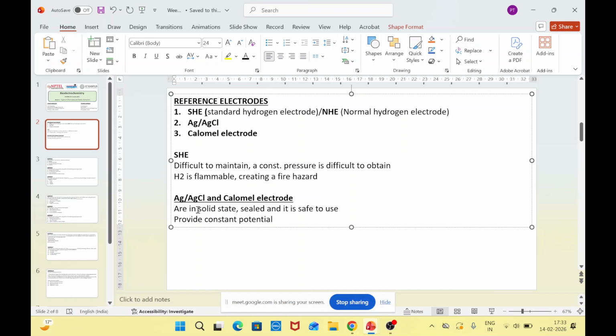So anyone who knows what exactly this calomel electrode is, I mean its chemical composition? AgAgCl is one of the reference electrodes. The other standard reference electrode is the calomel, but calomel has a certain chemical composition. Anyone, any idea on this calomel electrode?